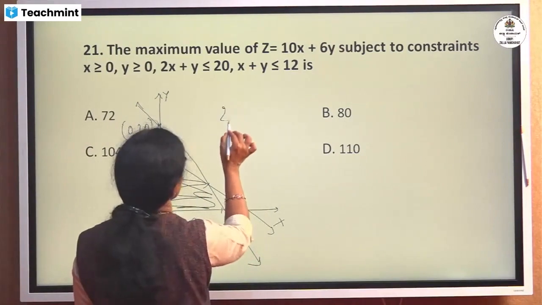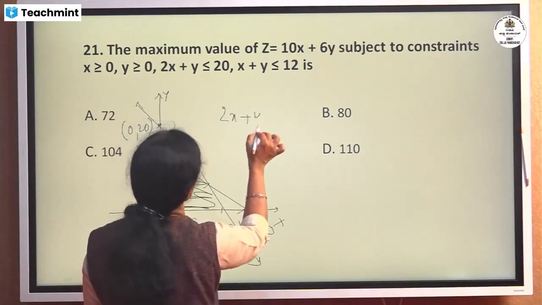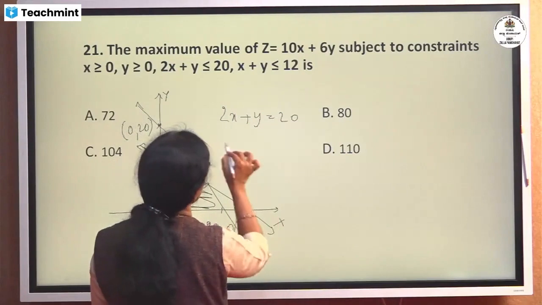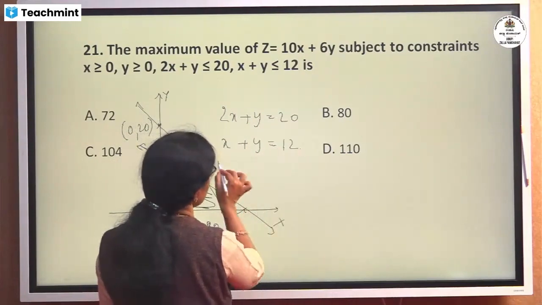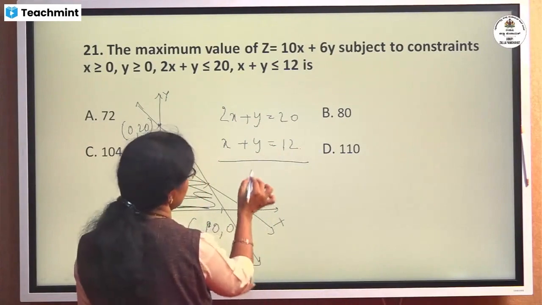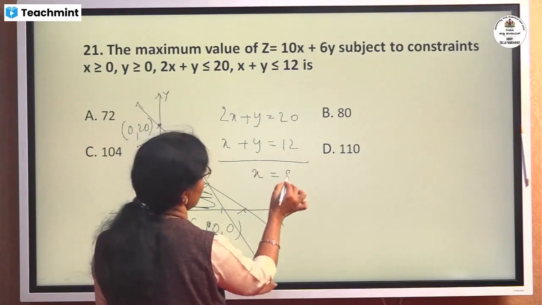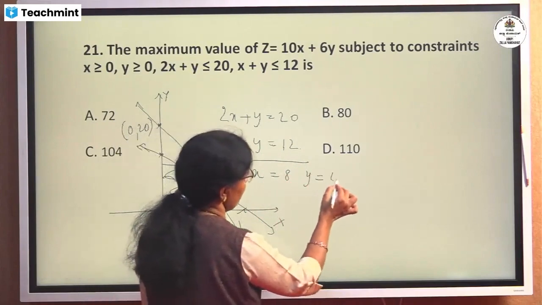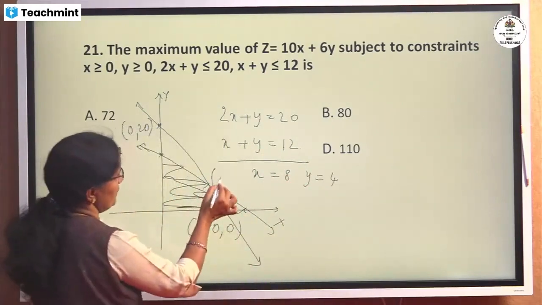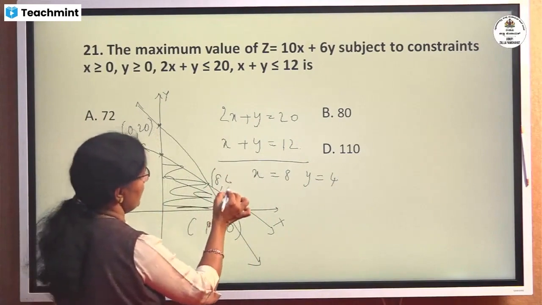So, you must solve these two equations. 2x plus y is equal to 20 and x plus y is equal to 12. Thank God, the equations are very simple. You may cancel that y, x is equal to 8. You will get here when x is equal to 8, y is obviously equal to 4. Therefore, point of intersection is 8, 4.